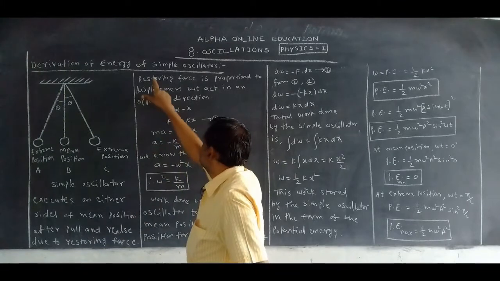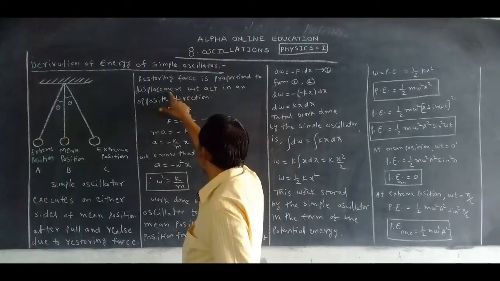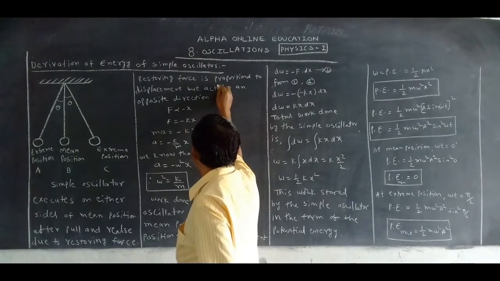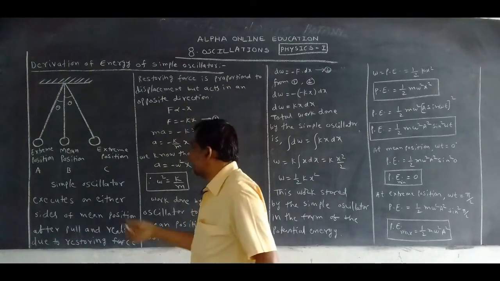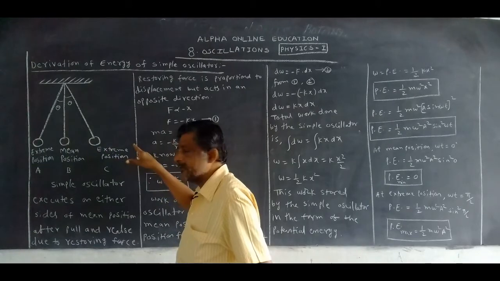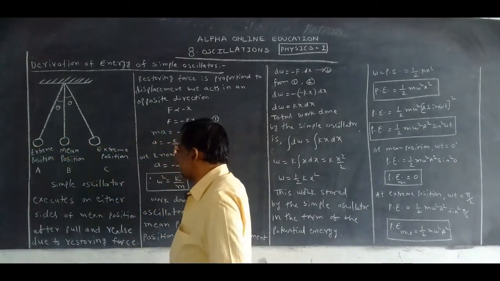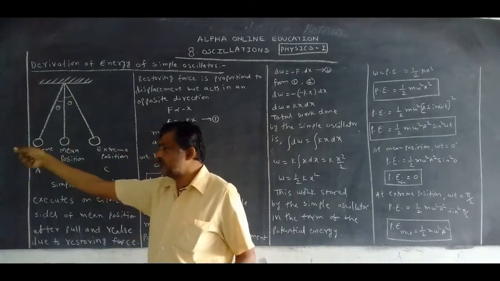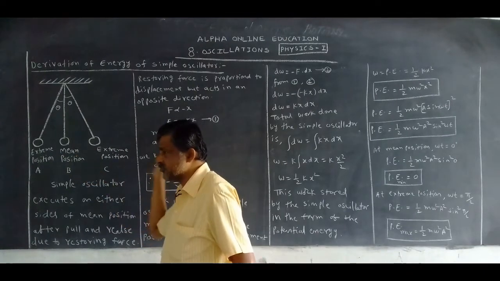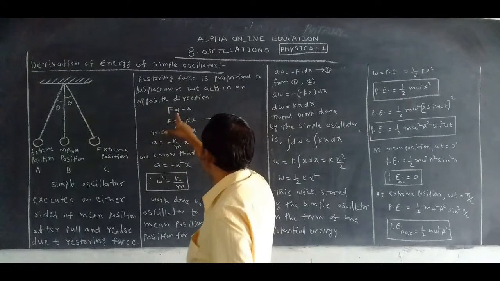Now, the restoring force is proportional to displacement but acts in the opposite direction. We pulled in this direction, this is the displacement, but the restoring force acts in this direction. So displacement and restoring force are in opposite directions. How can we express that?